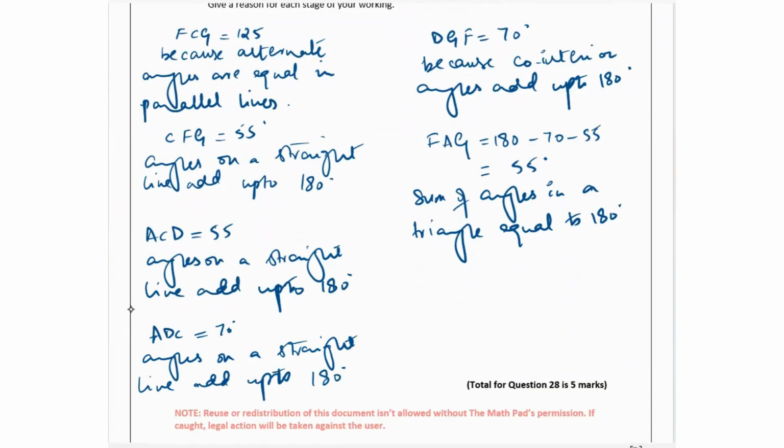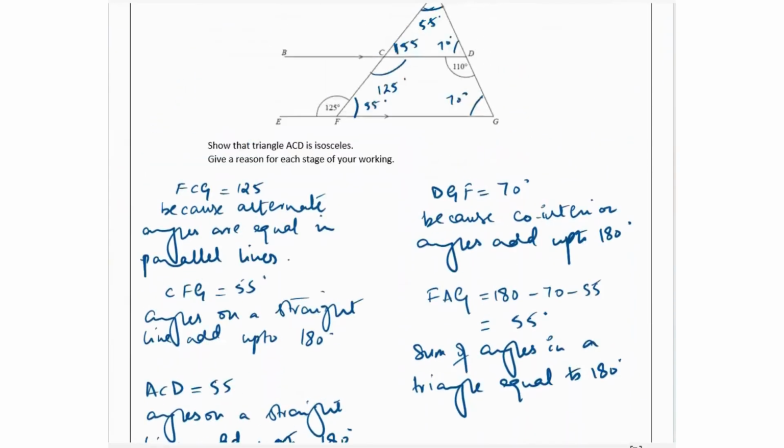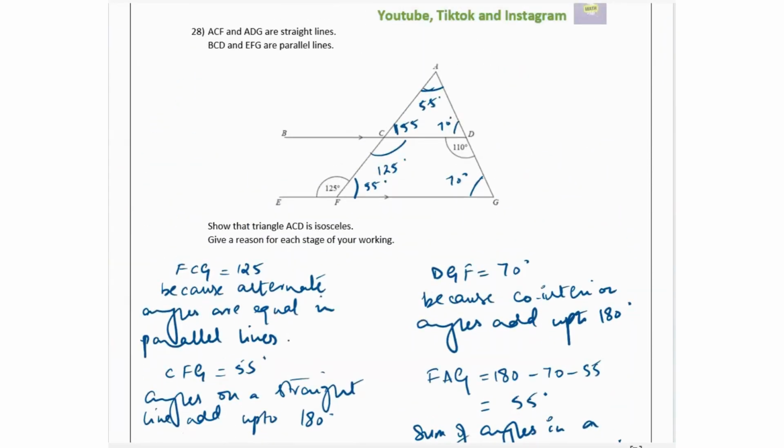So as you can see, we have two equal angles over here, angle A and angle C. So that means these two lengths are also equal, which shows us that it's an isosceles triangle, because in an isosceles triangle, we have two equal lengths and two equal angles.